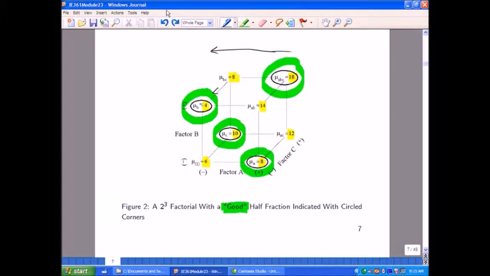So a virtue of this choice of 4 of 8 corners is that it is nicely symmetric.